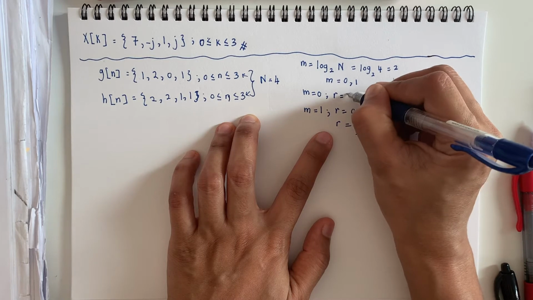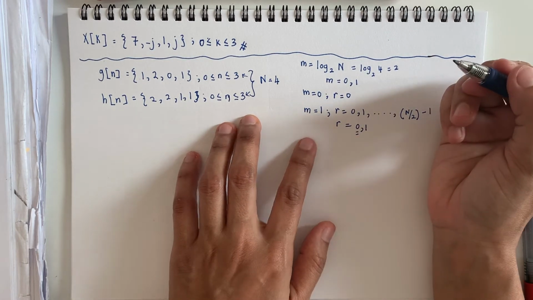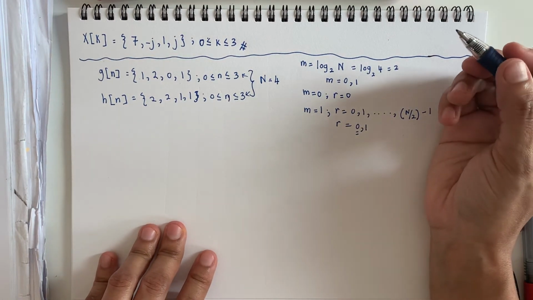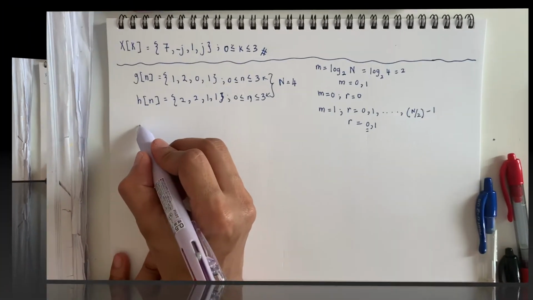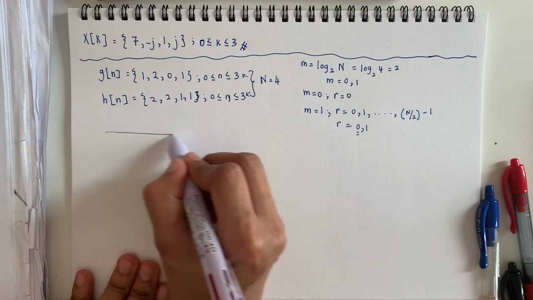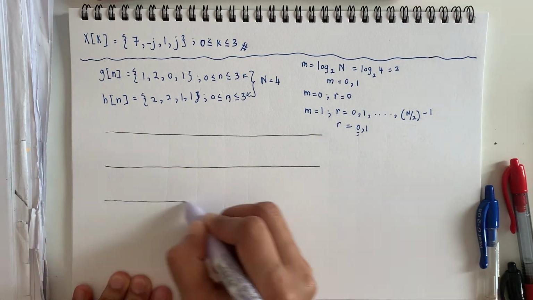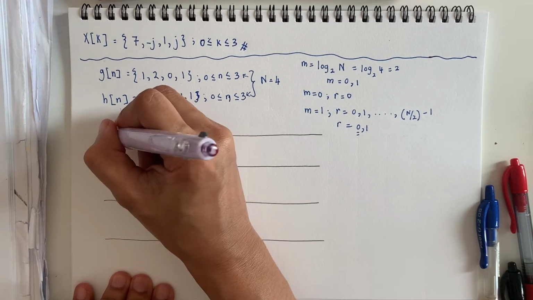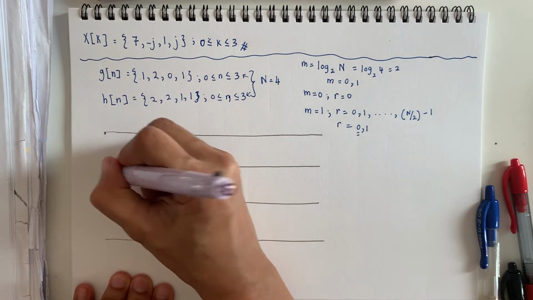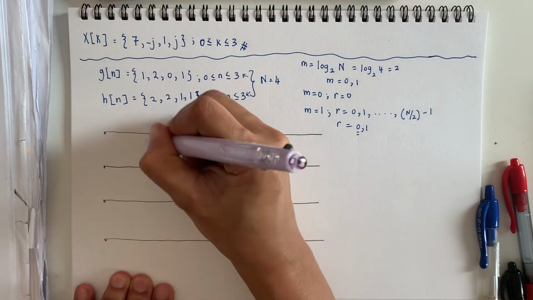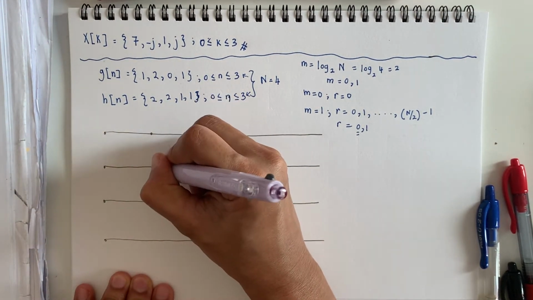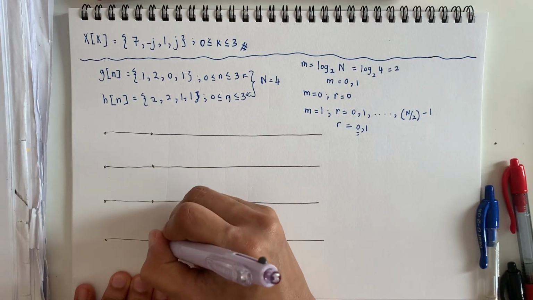So at M equals 0, R equals 0. Next what you have to do is the DIT FFT. Basically, we have 4 lines, and then we have the main connectors, the first main connectors, which is our initial stage.